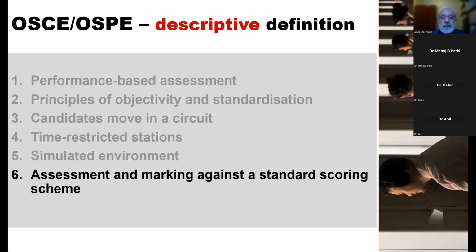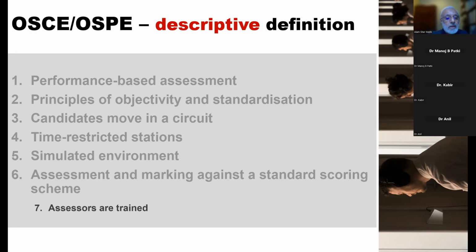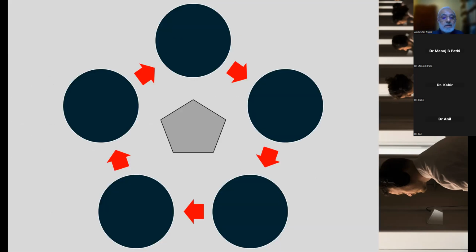Assessment and marking is done against a standardized scoring scheme, and assessors are trained. The examiners are trained. So I hope by this descriptive definition, we can understand how the whole process of OSCE is conducted.